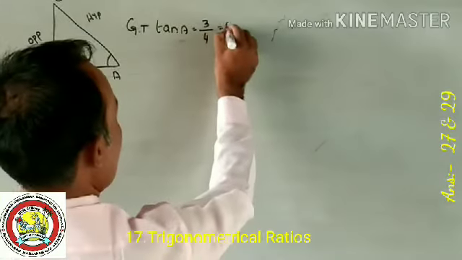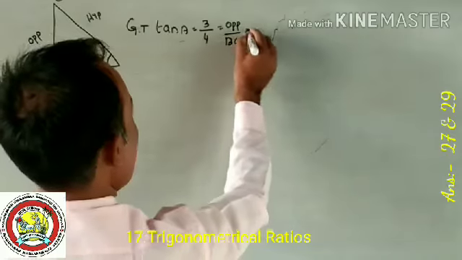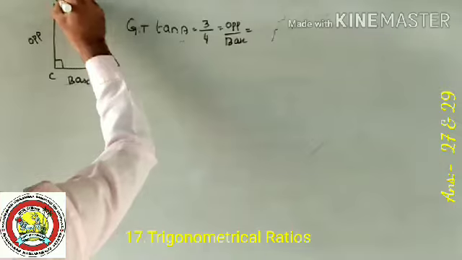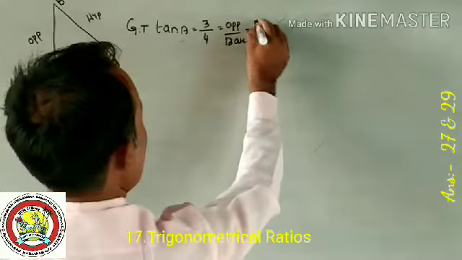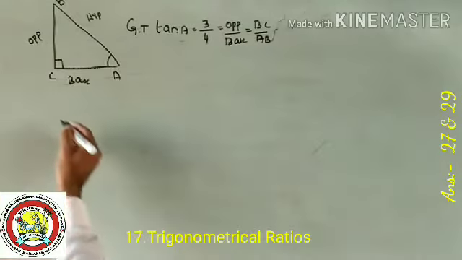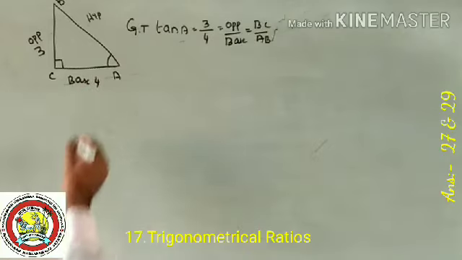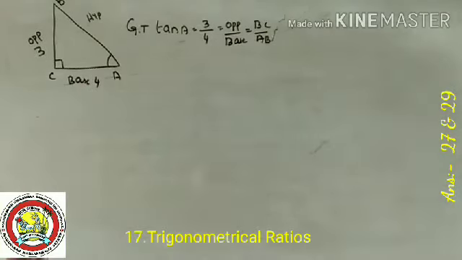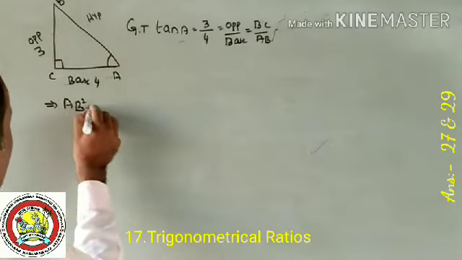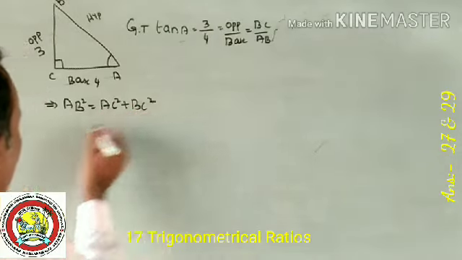So ratio opposite divided by base. According to this figure, opposite, that is BC by AB. BC means 3, base 4. Find the value of hypotenuse again by using Pythagoras theorem. Thus this implies AB square is equal to AC square plus BC square.